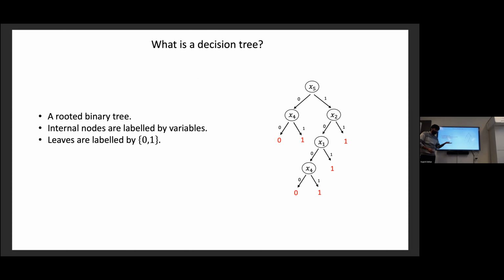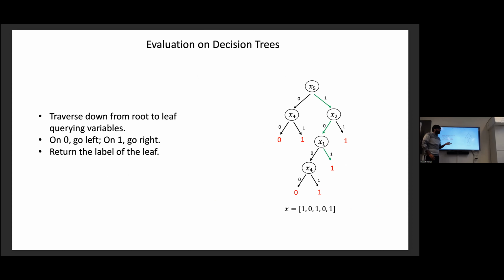More formally, a decision tree is just a binary tree. The internal nodes are labeled by variables, and the leaves are labeled by 0 or 1. Evaluation on decision trees is done as follows. You start from the root node and traverse down to a leaf node. You query variables one at a time. If a variable comes out to be 0, you go left.